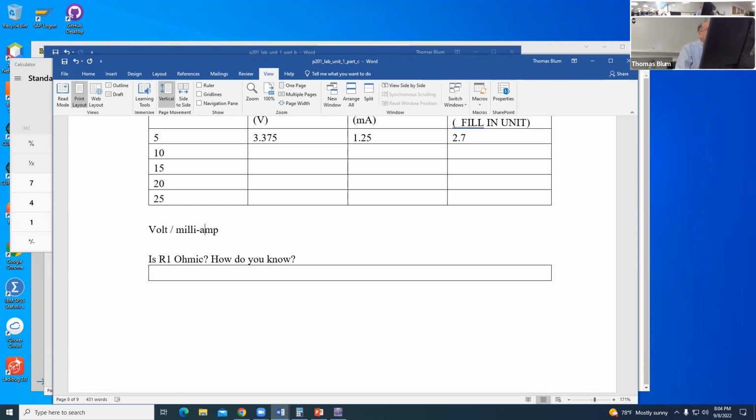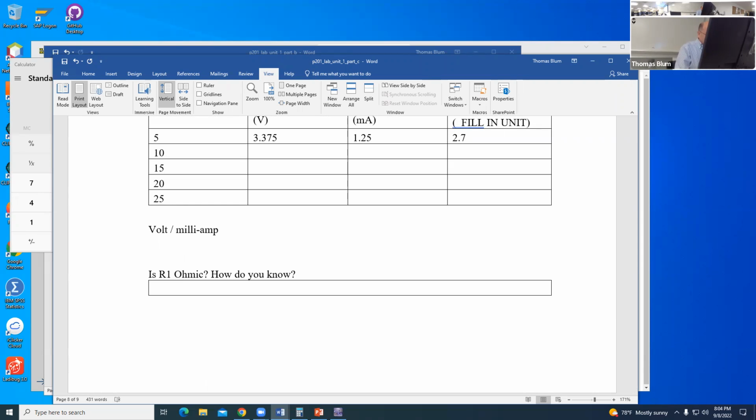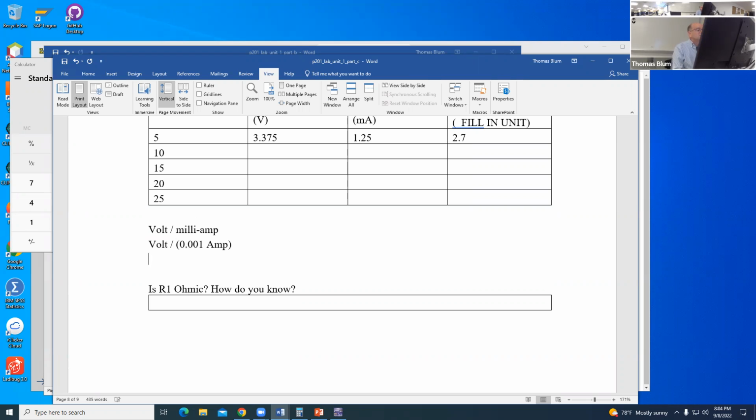That is a volt divided by 1,000 of an amp. And a volt divided by an amp is an ohm. So I have an ohm.